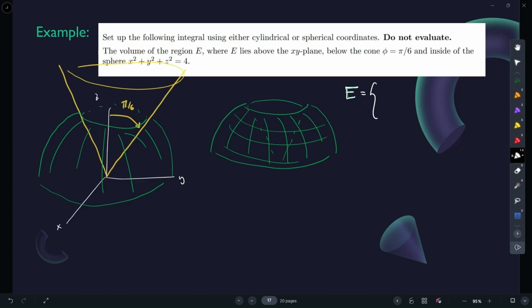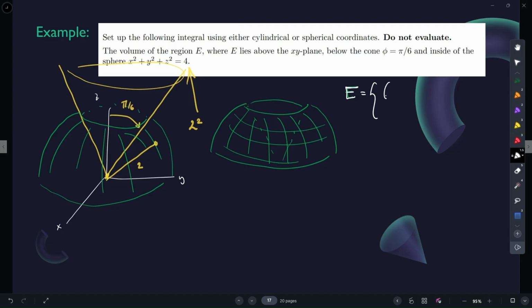The region will be, first of all, you can see that the radius or the distance from the origin can go anywhere from 0 to the sphere itself, which is of radius 2. Here's the equation of the sphere, and that 2 squared tells me that the radius of the sphere is 2.